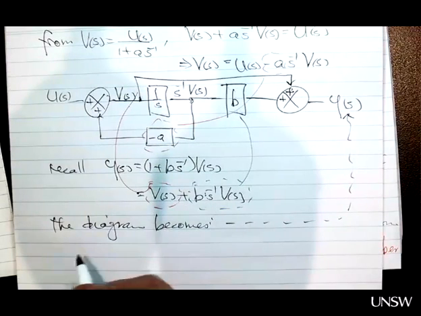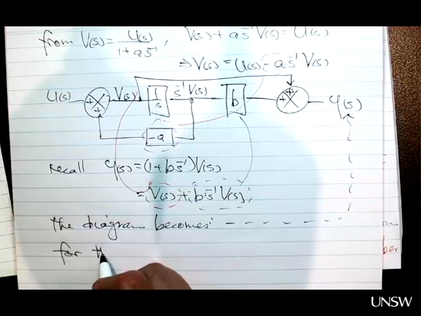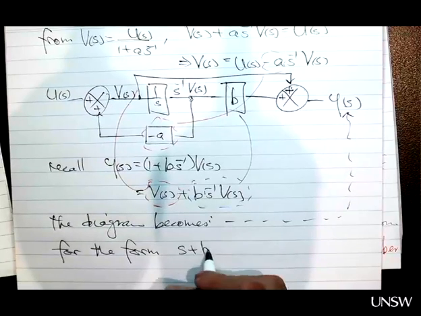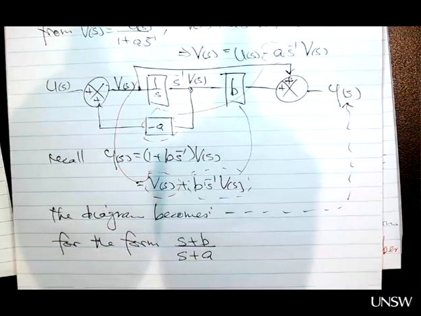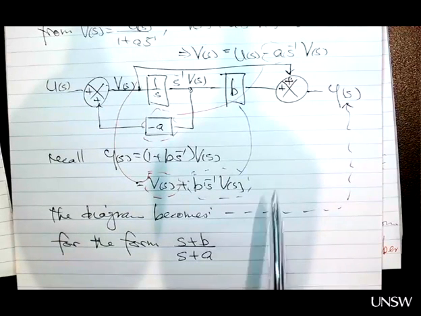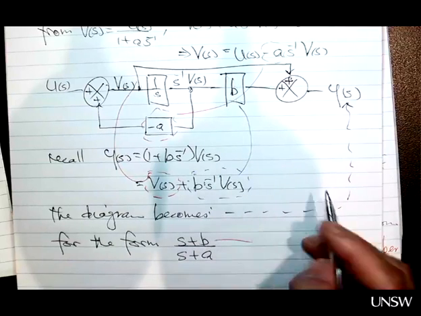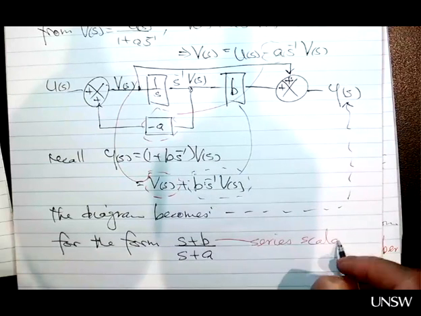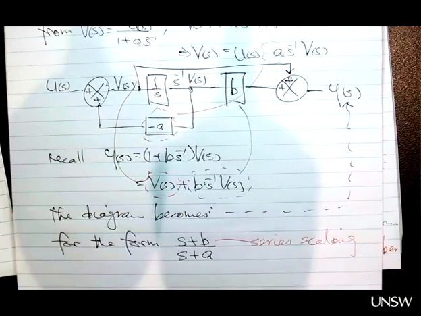This diagram is for the form s plus b over s plus a. So here we can see that the b here is a series scaling, and then the a is the negative feedback.